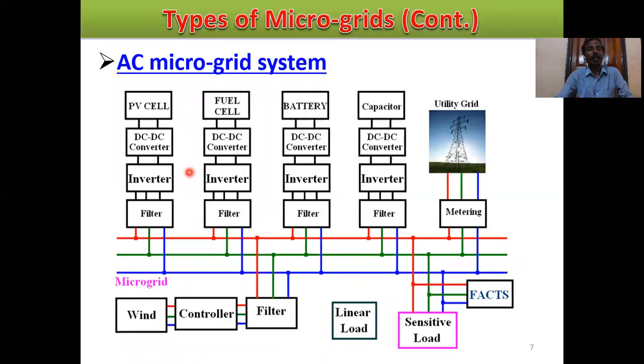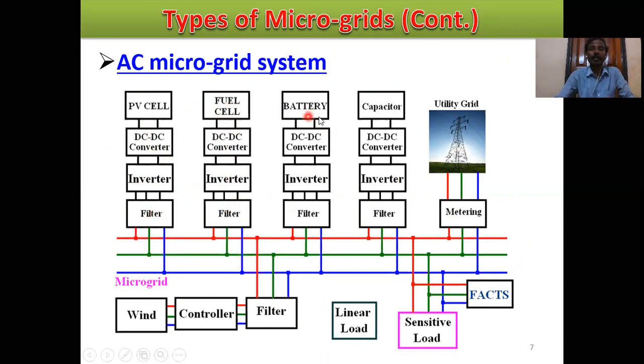So next, AC microgrid systems. This is the AC microgrid system, and here the main sources are PV cell, which is connected through DC to DC converter, inverter, filter, and then microgrid. Another source, fuel cell, DC to DC converter, inverter, filter, and next microgrid.